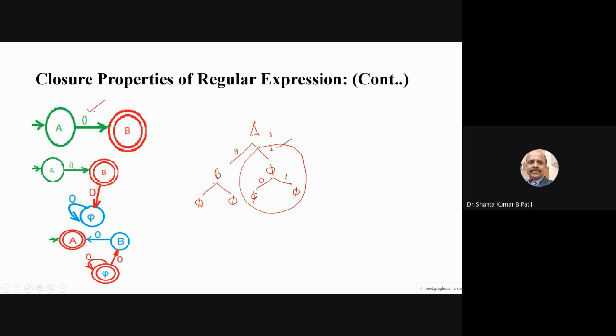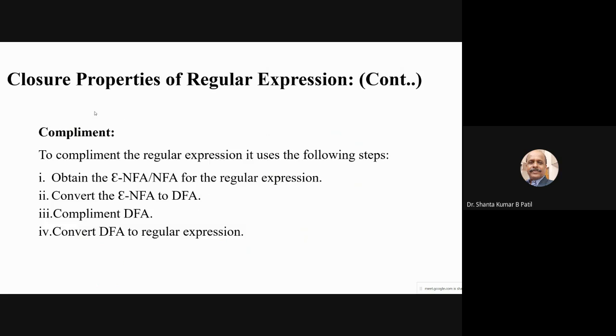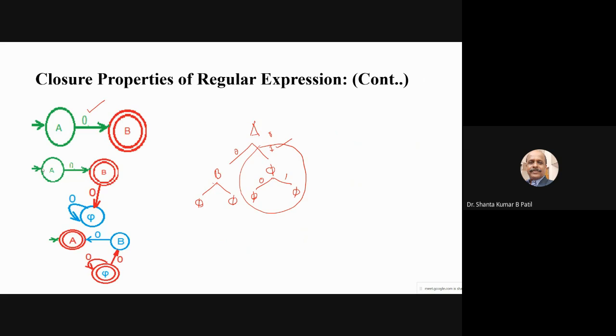Hence only 0 is there. We are considering A with 0, B with 0 only, and we are not considering even this part. Pi on 0 is pi only.